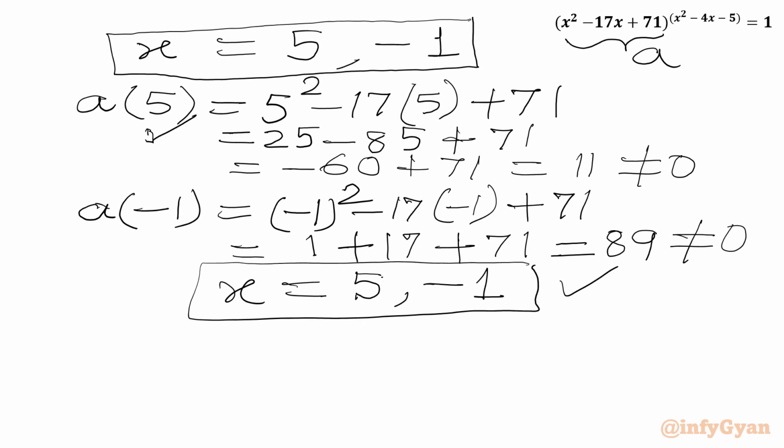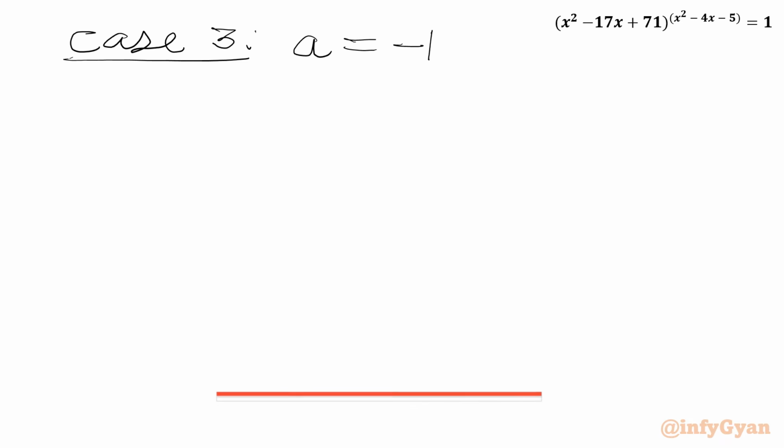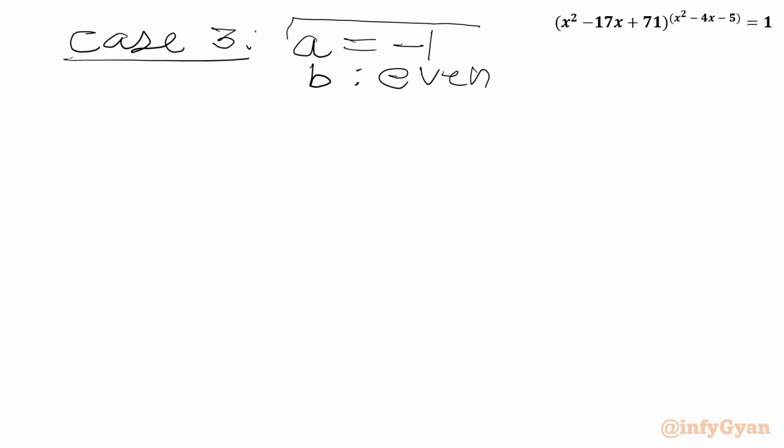Now we are going to consider our case number 3. Here we are going to put base equal to negative 1, and we have to check that the power should be even, then only we are going to get RHS 1. So here we have a, and this is our b.